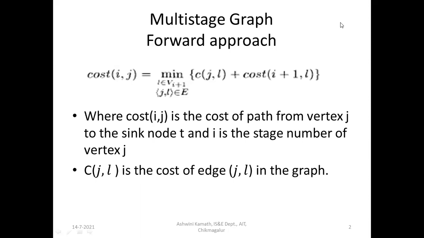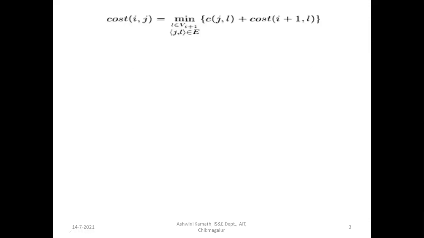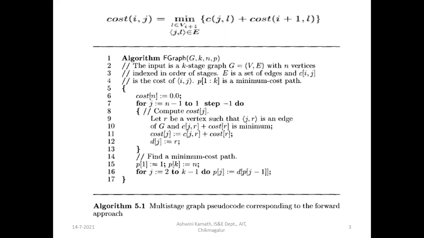C of j, l is the cost of the edge (j, l), which we are considering. j is a vertex belonging to the ith stage, and l is a vertex belonging to the i plus 1 stage. And C of j, l is the cost of edge (j, l) in the given graph. Okay, so this is the formula we have, and this is the forward approach for the multi-stage graph problem.